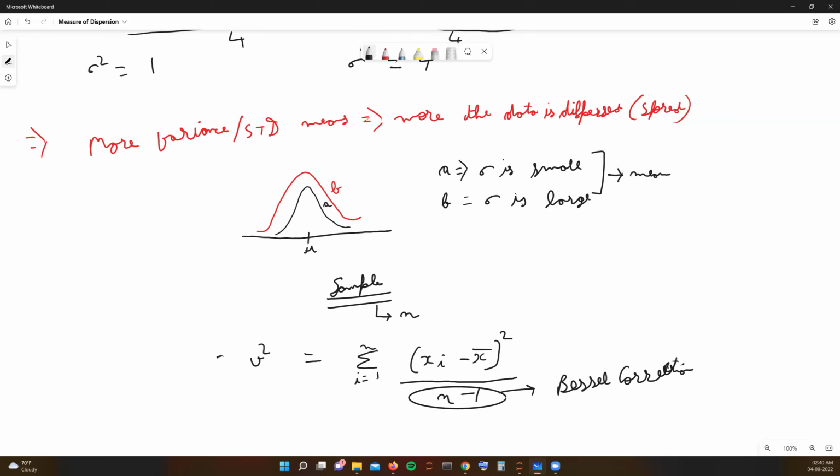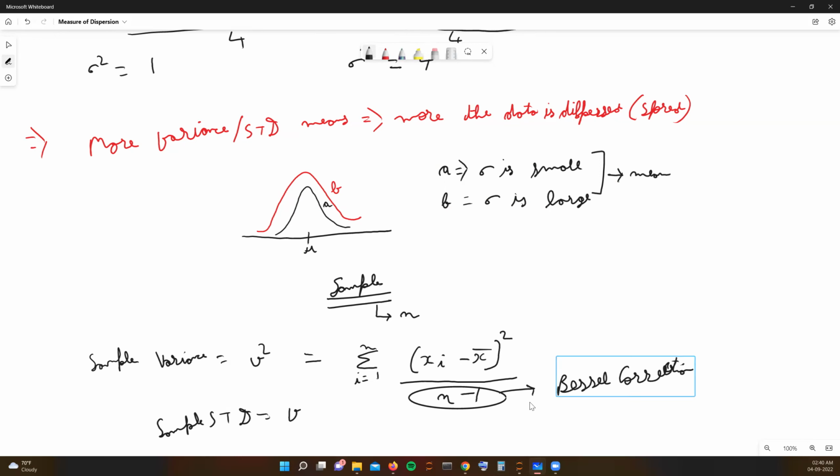And this is your sample variance, and the sample STD will be nothing but the square root of your sample variance. So when we take the square root of this particular term, that will be my sample standard deviation. So here this n minus 1 term comes in the denominator instead of n. Why this comes, we will be discussing in the next video.